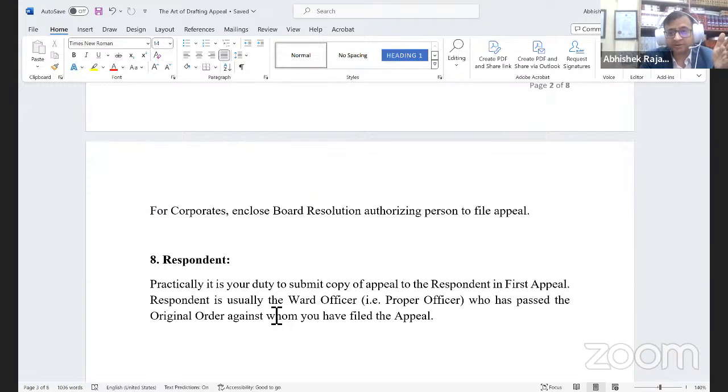See, as a good practice, in 99% of cases, I personally go and give the copy of the appeal to the proper officer myself. Till date, in 99% of cases, I personally visit the officer.